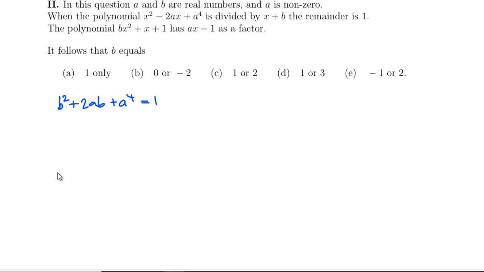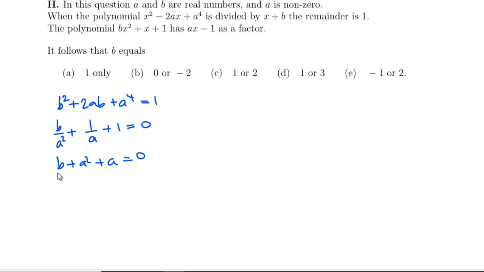And then the second one, we're putting x is 1 over a in. So we'd have b over a squared plus 1 over a plus 1 is equal to 0. Okay, right, so that's what it is. So let's just multiply through by a squared. So we'll say b plus a squared plus a is equal to 0.